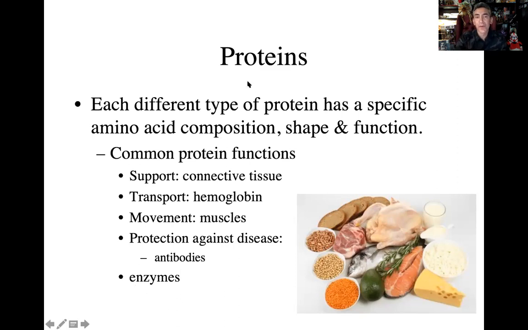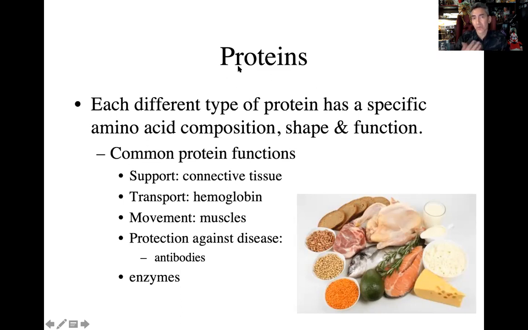So we have a whole family of proteins that function as dehydration synthesis enzymes that are putting things together, and other families of proteins that act as hydrolytic enzymes that are breaking things apart. So very diverse group of macromolecules, a lot of different functions, these proteins, right?